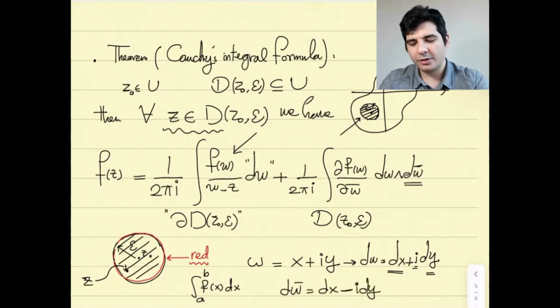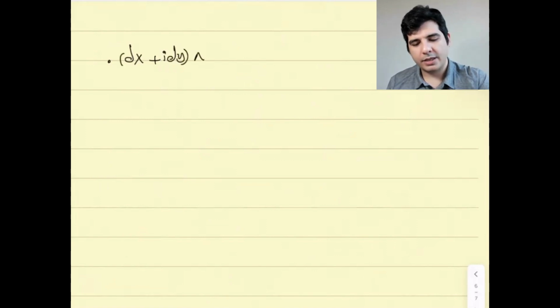Okay, so we are going to look at the product of these two: dx plus i dy, wedge dx minus i dy. What would this be? Let's think about this completely formally, since there are some rules to write these things.